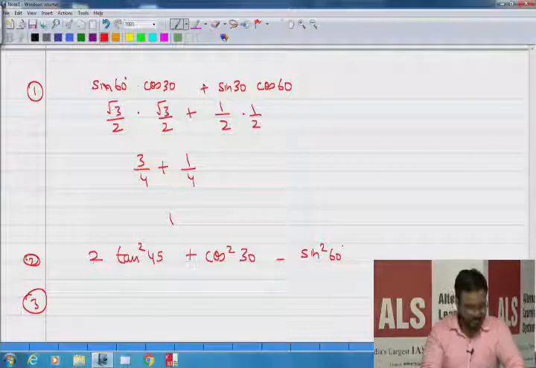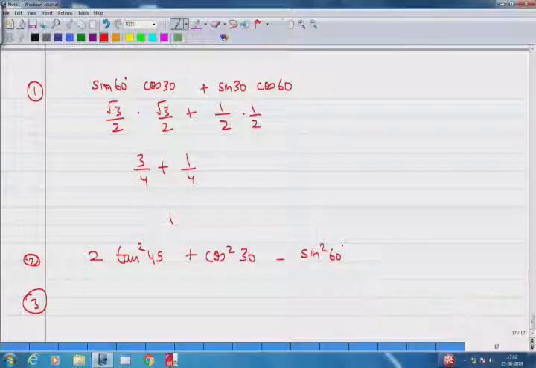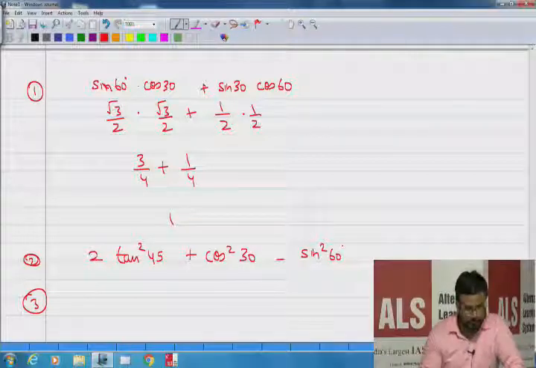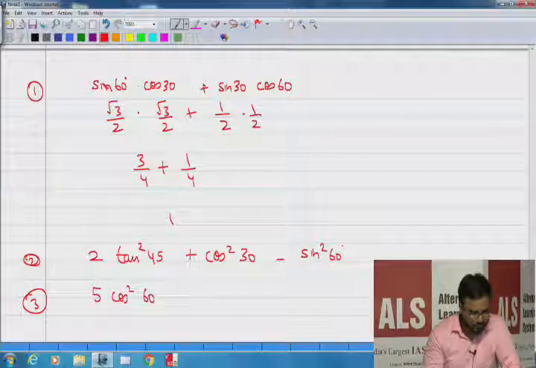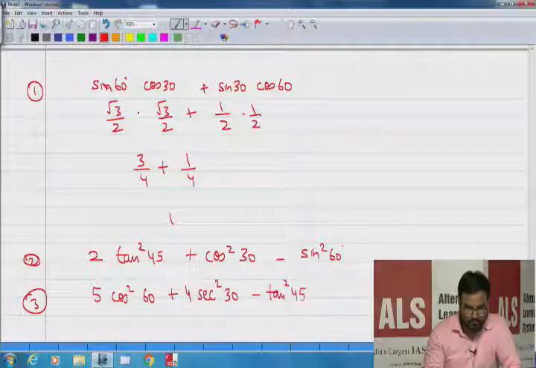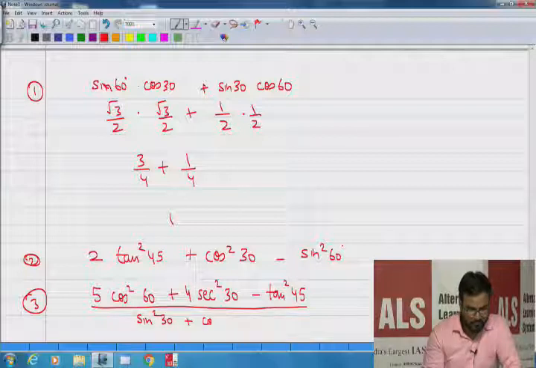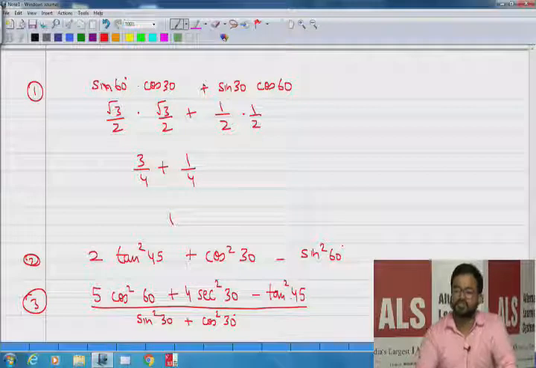Sisipur, that's right. The answer is 2. All of you have given the answer, that is right, 2. Perfect, perfect. Try the third one.